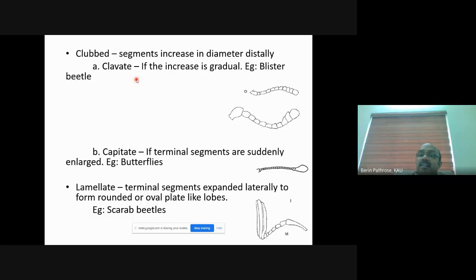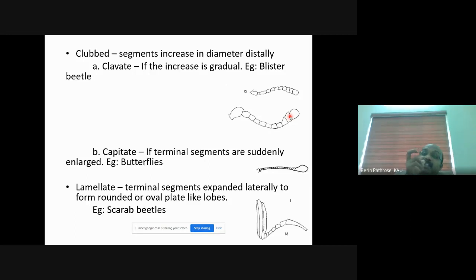In clavate antenna, the size of the segments increases gradually as we move towards the tip of the antenna. See, slowly the size of the segments increases as we move towards the tip. See it over here. This is clavate antenna, which is seen in the blister beetle.